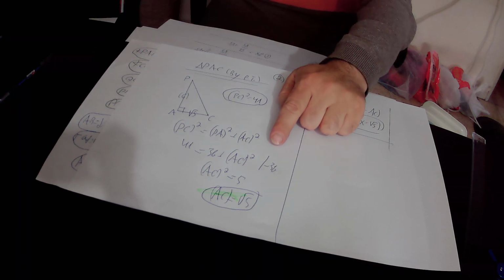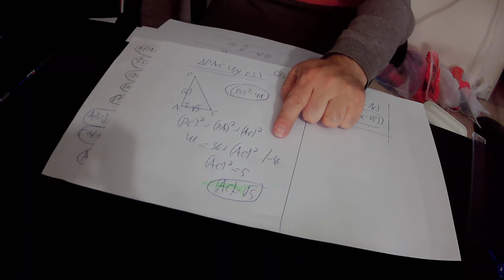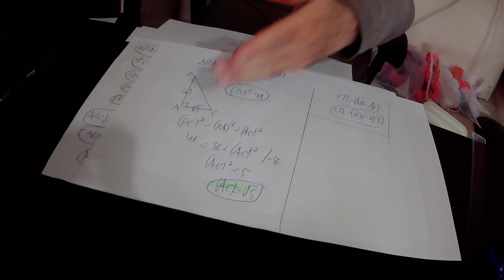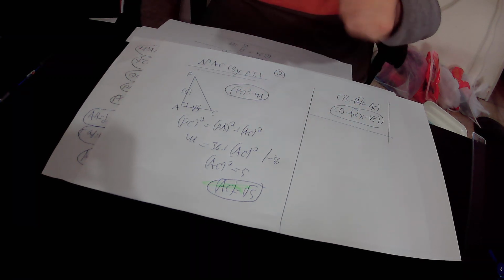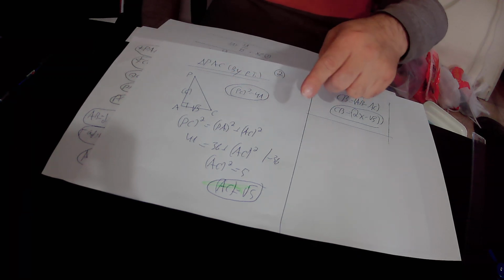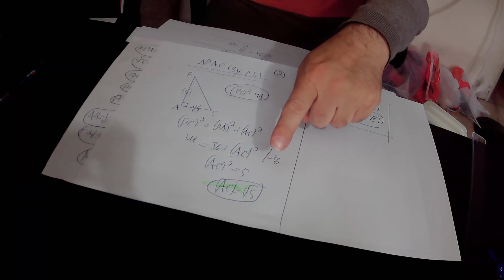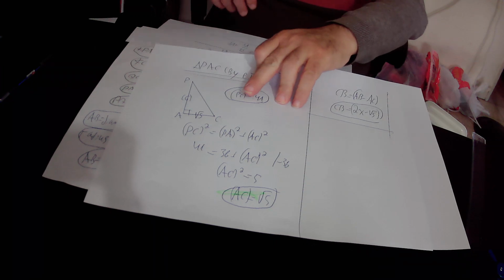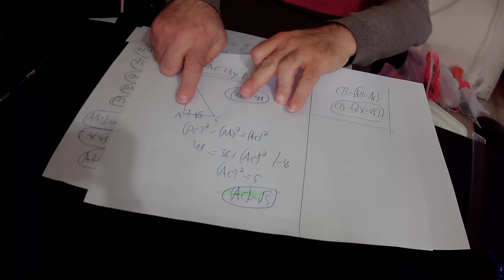Here we subtracted 36 from this equation, and finally we found out that AC squared equals 41 minus 36, that is 5. So AC squared equals 5, and AC equals the square root of 5 units. So the length of side AC is square root of 5 units.